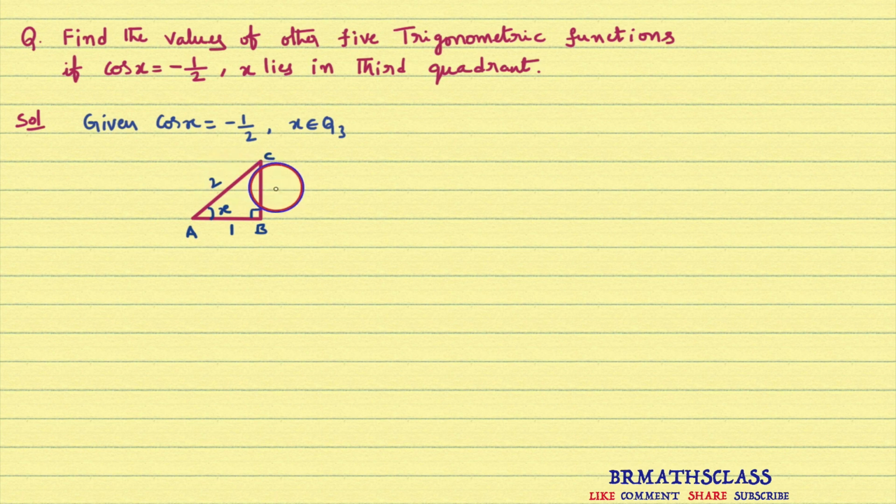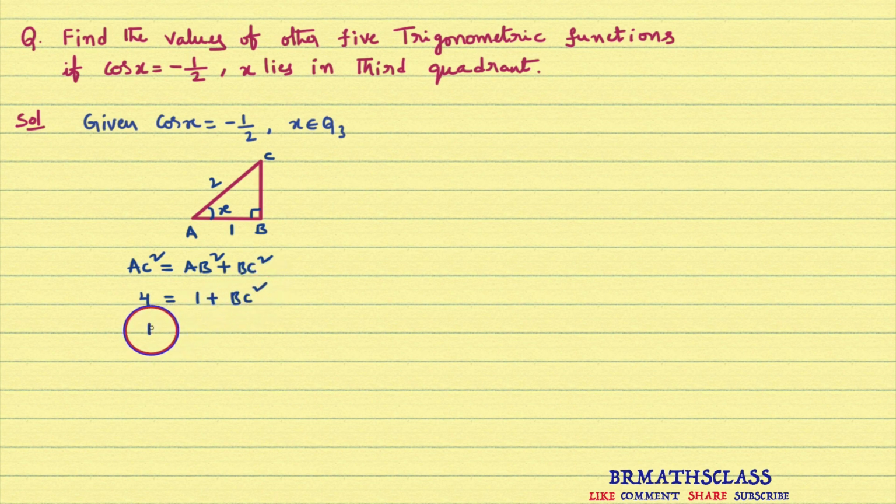Now we will try to find the other side in this right angle triangle by using the Pythagoras theorem. In the Pythagoras theorem, the square of the hypotenuse equals the sum of the squares of the other two sides. AC square is equal to AB square plus BC square. AC is 2, so AC square is 4, equal to AB square, AB is 1, 1 square is 1, plus BC square.